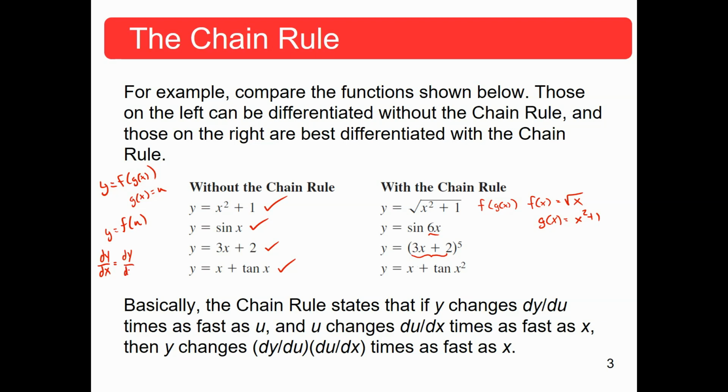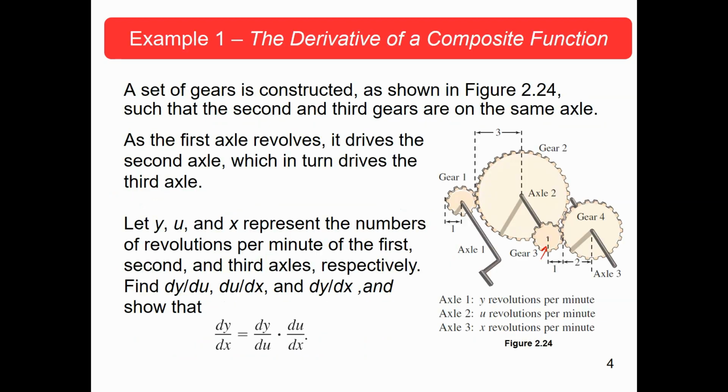We have to take dy du. So we're going to take y with respect to u, and then we're going to take the derivative of u, which is g of x, with respect to x, so du dx. If we multiply these things together, we'll get dy dx. So this may not make a huge amount of sense, but let's look at an example.